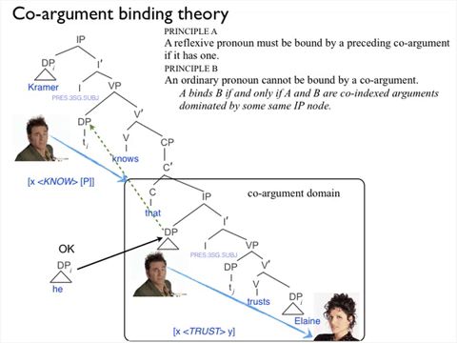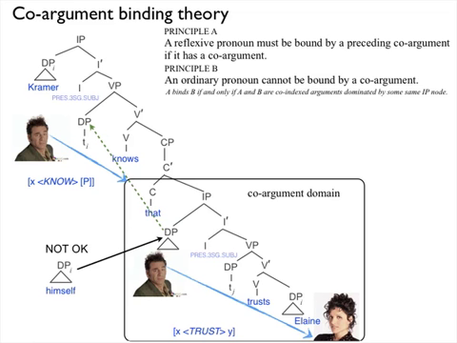It can be an ordinary pronoun, right? Because it's not bound by a co-argument. It doesn't have a preceding co-argument. But we can't put himself here.